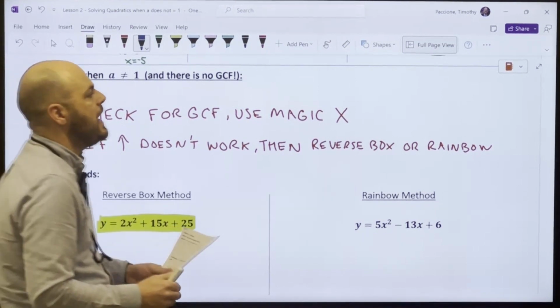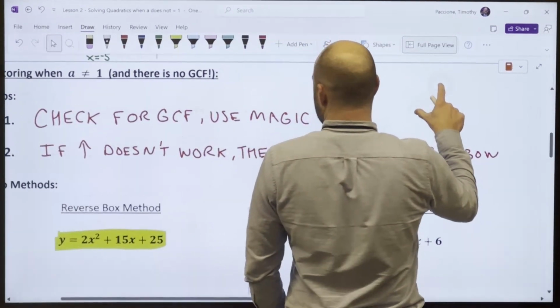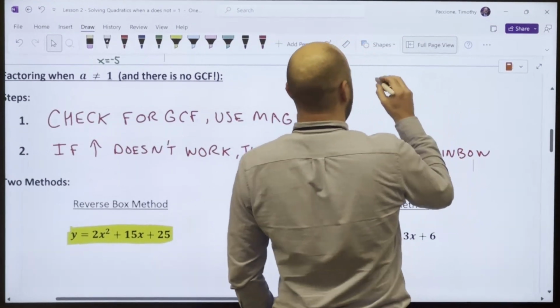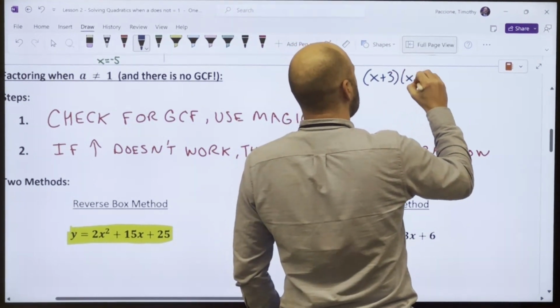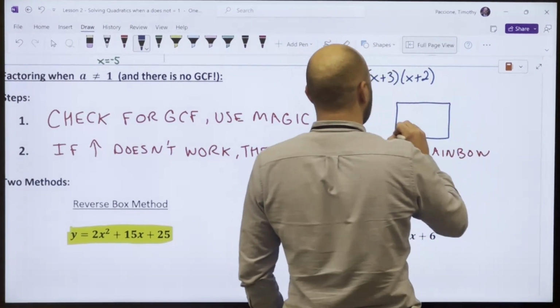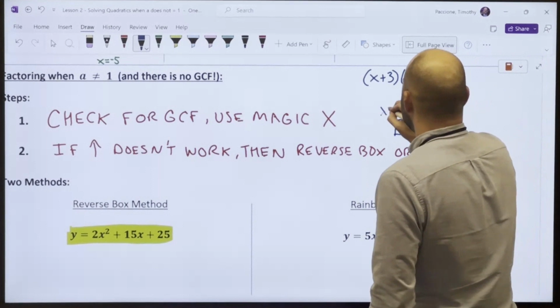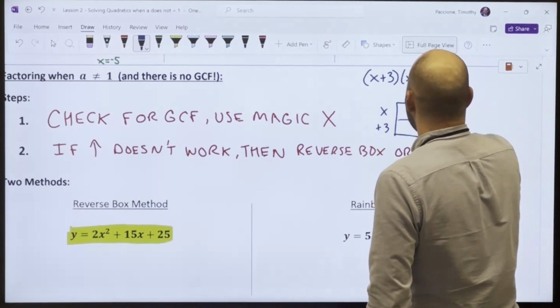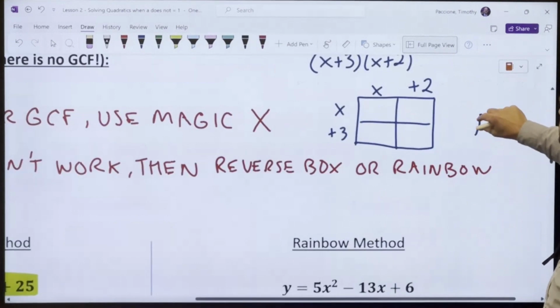Okay? Now, for remembering what a box is, before we do a reverse box, let's talk about what a box method is. If you had like x plus 3 times x plus 2, right, you would make a box, and you'd put x and plus 3 here, and you'd put x and plus 2 here, right?